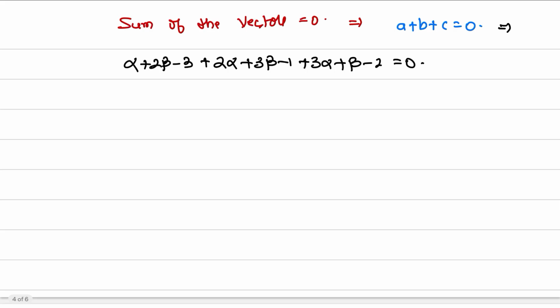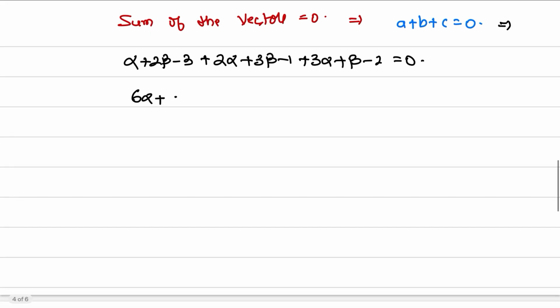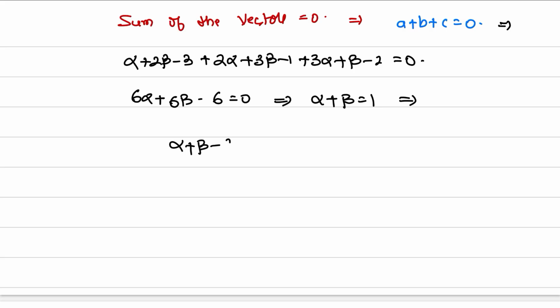That is equal to 6 alpha plus 6 beta minus 6 is equal to 0. That means alpha plus beta is equal to 1. That implies alpha plus beta minus 3 is equal to 1 minus 3 is equal to minus 2. This is the answer.